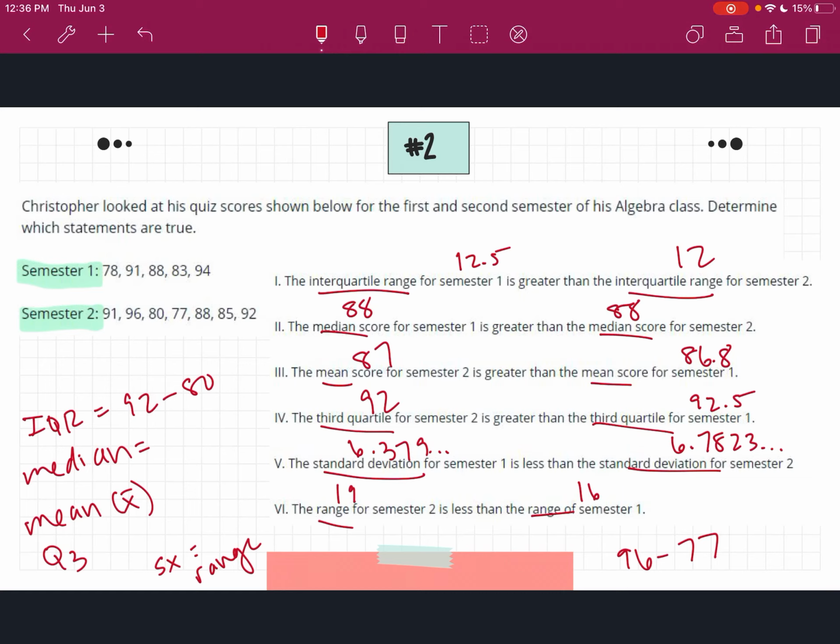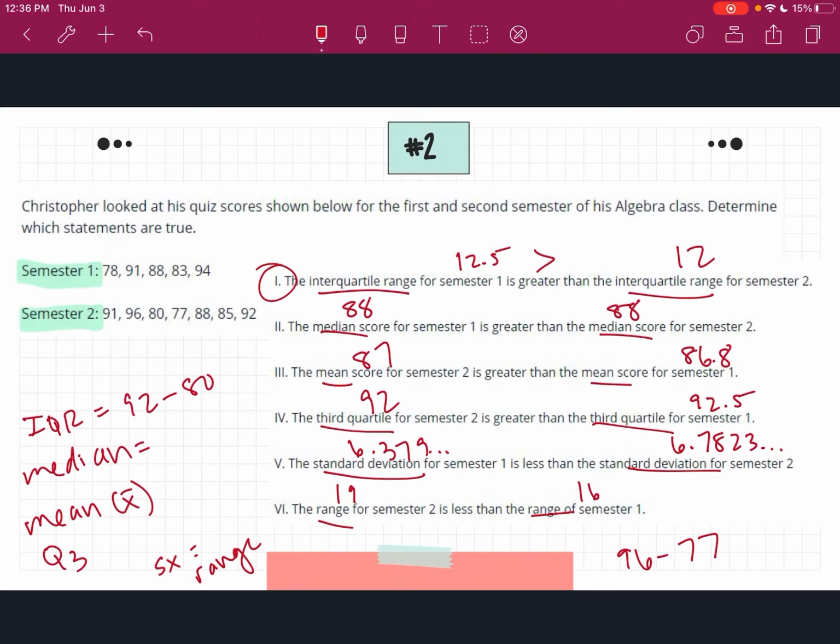So going through, we're picking all the ones that are correct. So option 1, 12.5 is greater than 12, so 1 is correct.